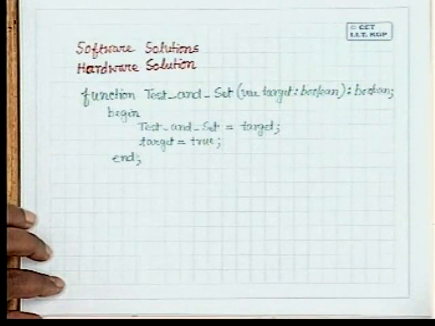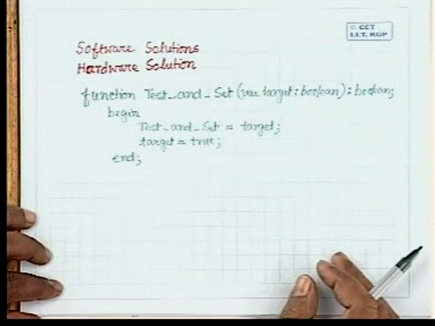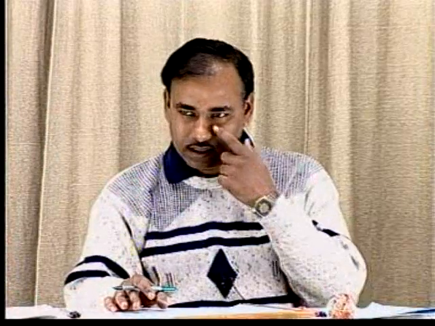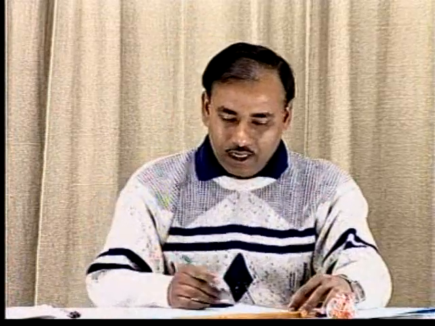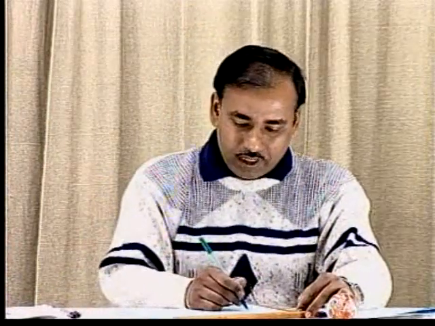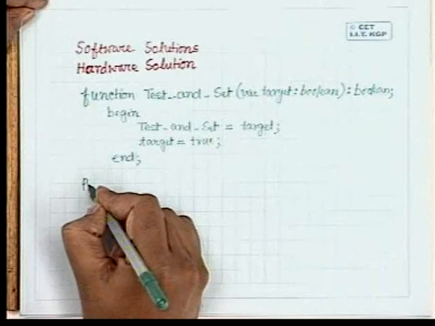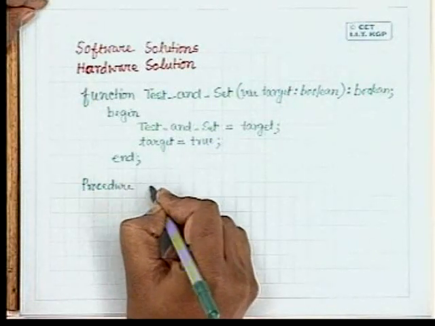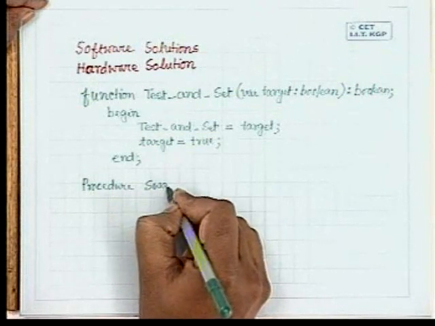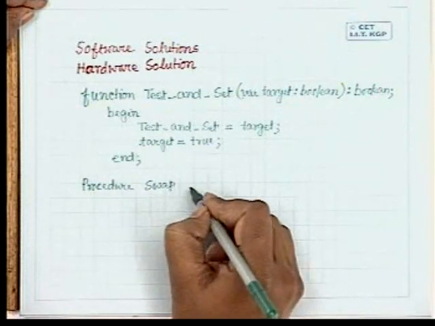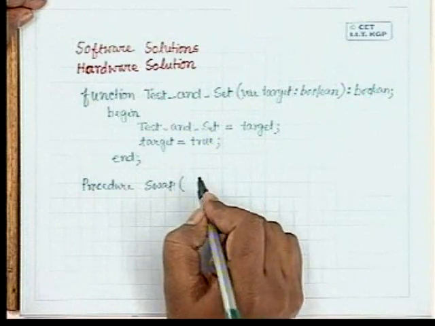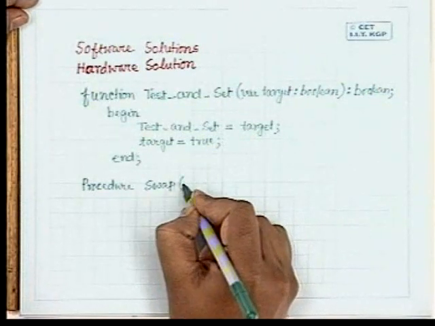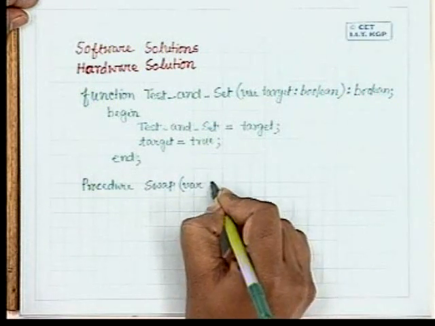Some other machines support another hardware function which is called swap. Swap is like swapping the contents of two registers, things like that. And that can also be written like this: procedure swap. Because it is the swapping of values of two registers or two variables, naturally it has to work with two arguments.